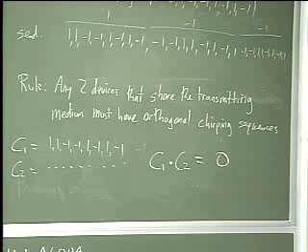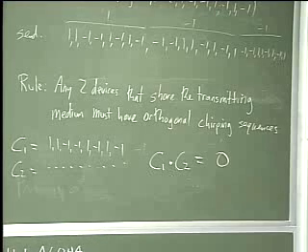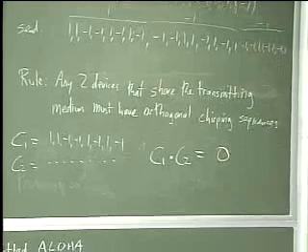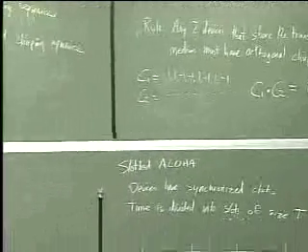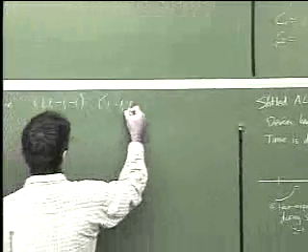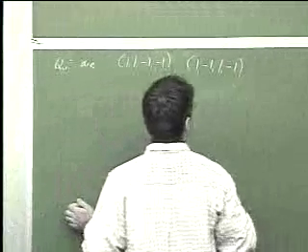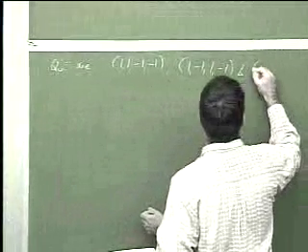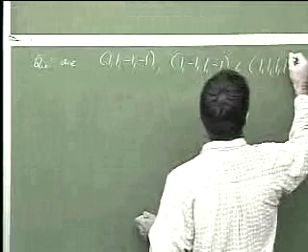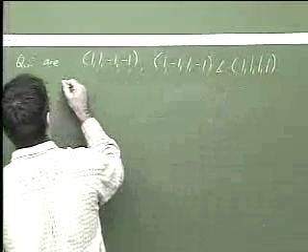Okay, so for instance, 1, 1, minus 1, minus 1, and 1, minus 1, 1, minus 1, and 1, 1, 1, 1 are orthogonal to one another.